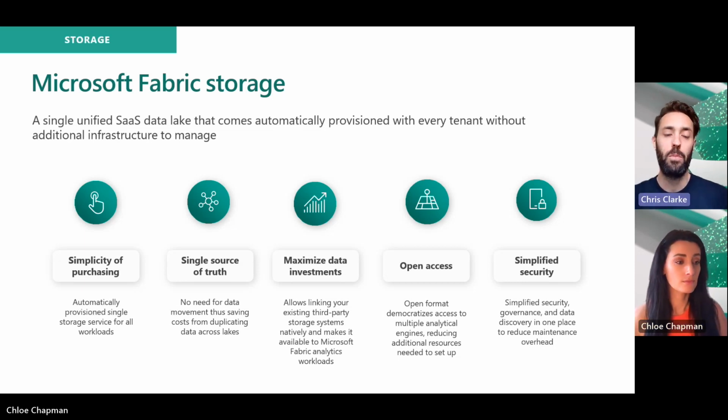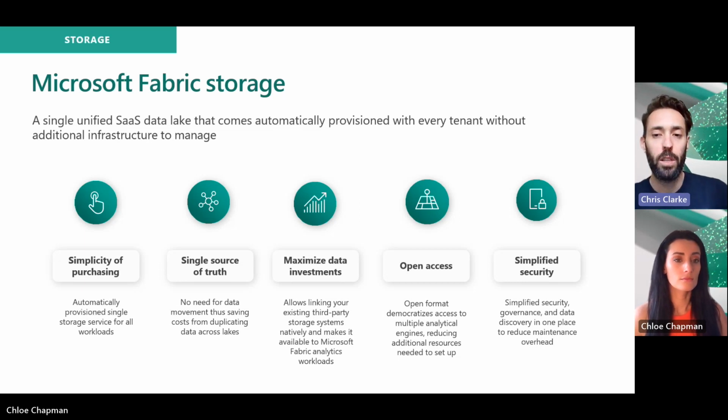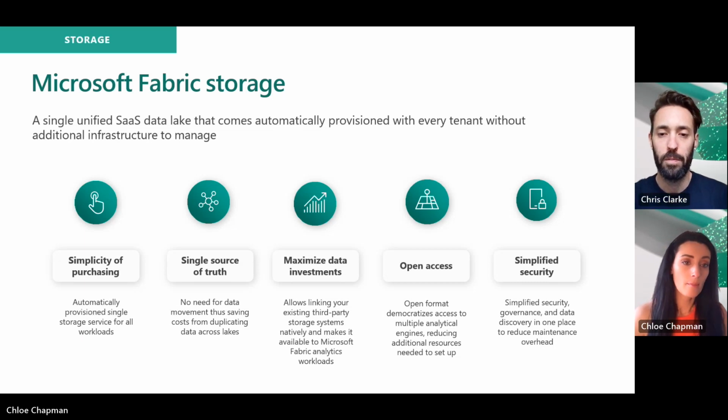And if you're looking to maximize your data investments, you could potentially have third-party connections available already. Within Microsoft Fabric, there are connections for those workloads, so there's no need to reinvest into those services. By keeping the storage format as an open format, it allows you to store any kind of data in there, not just structured data.